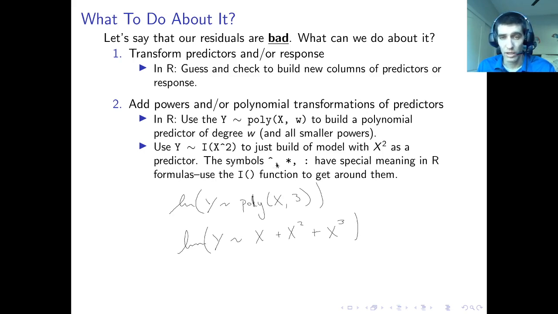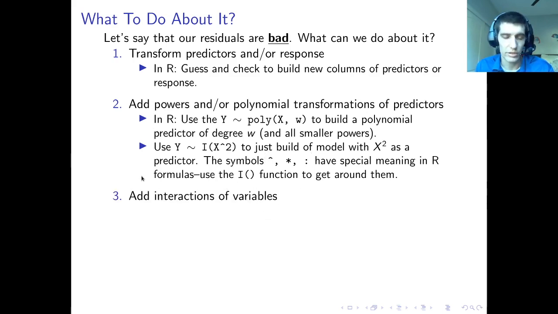We'll talk about what their special syntax means in a future lecture, but for now, if you want to include just a simple model which has x squared as a predictor, you have to wrap it in this I function, which means identity. This basically tells R, hey, you have this special syntax, don't use it, just treat it exactly as I'm writing it. This is like an identity, don't do anything funny to it, just treat it as a squared input.